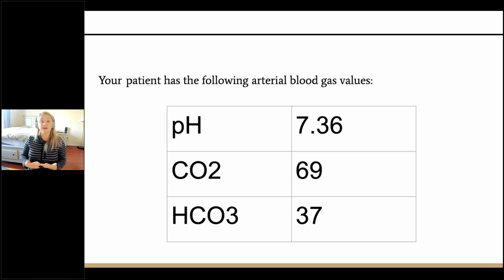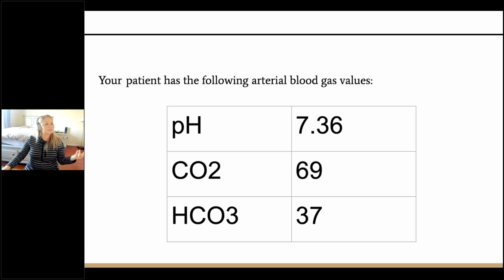So the body has compensated. We have a compensated pH here. Now, is this acidotic or alkalotic? Step 2. It's acidotic, absolutely. We know it's within normal range, but it's closer to the acidotic side of the scale, right?